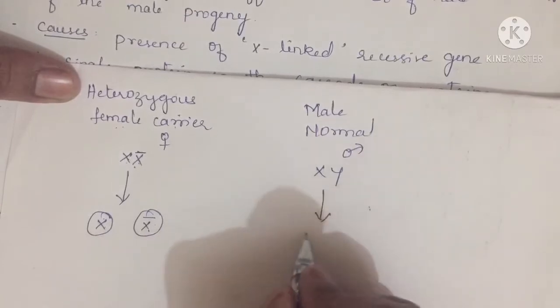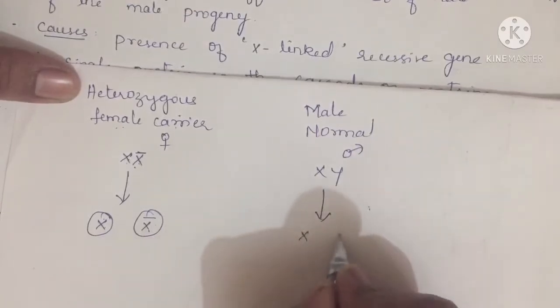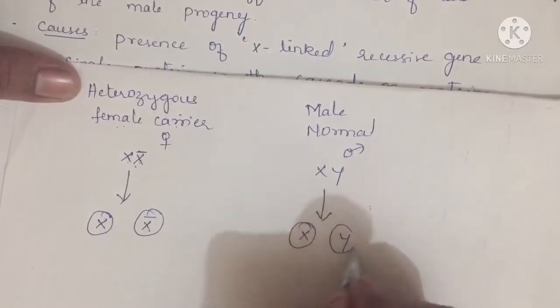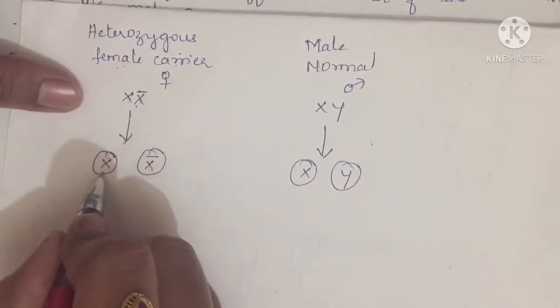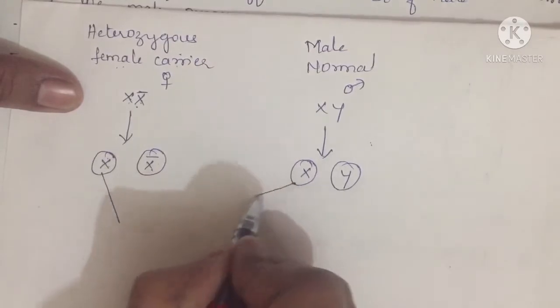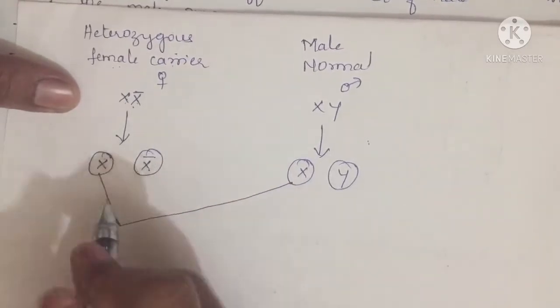Now one sperm will get the X chromosome and another sperm can get the Y chromosome. Then these gametes will fuse during fertilization. We shall show this fertilization.